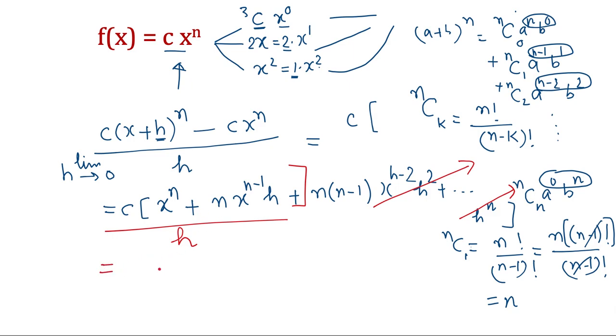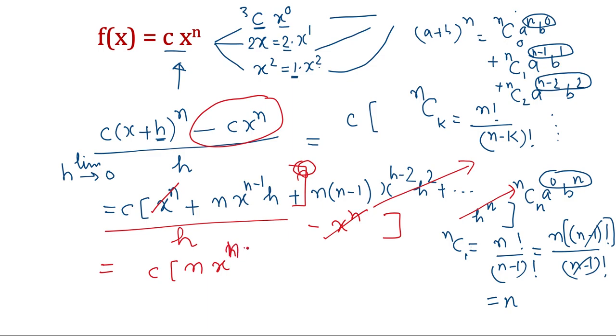So we are left with c, and we have to subtract this second term. So c is common here, so minus x^n, everything in bracket. So this x^n goes away, and then we divide by h everything. So we are left with n x^(n-1) plus this h is cancelled.